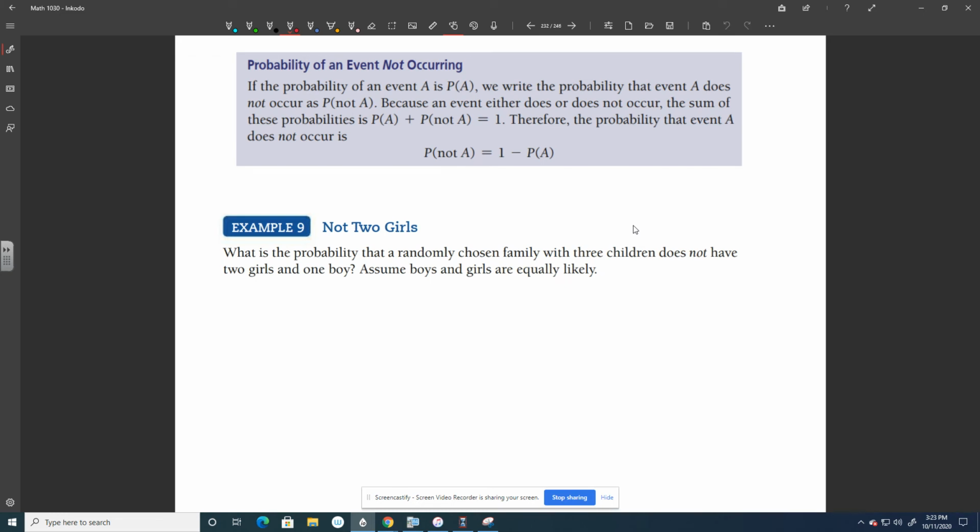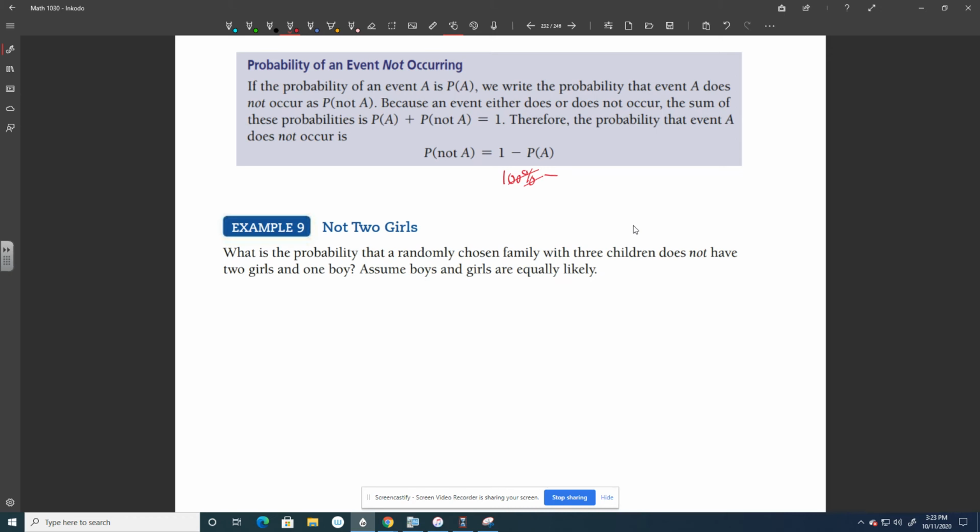Now, the probability of an event not occurring. So it gives us a formula. The probability of something not happening is equal to basically 100% minus the chances that it will happen. That's pretty much it. The probability of it not happening is just 1 minus the probability that it does happen. So what's the probability that a randomly chosen family with three children does not have 2 girls and 1 boy?